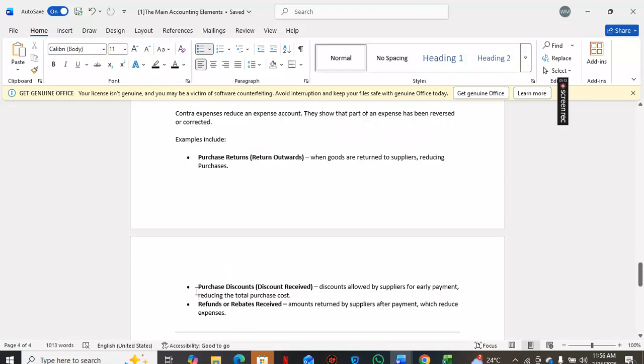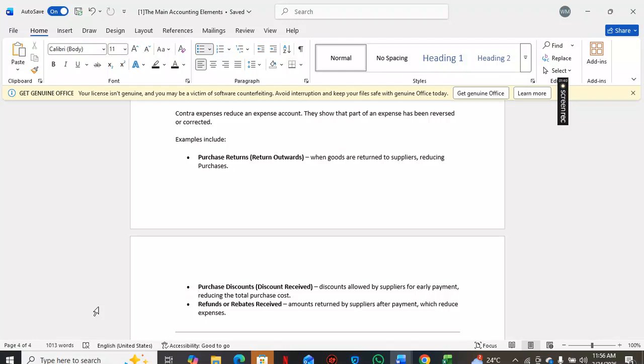Discounts can be seen also as a contra expense because they also reduce the purchases expense, and they can also be viewed as a saving or income. So discount received, this is a discount given to you by your supplier. When your supplier gives you a discount, the purchases expense, or the expense you're incurring, is reducing.